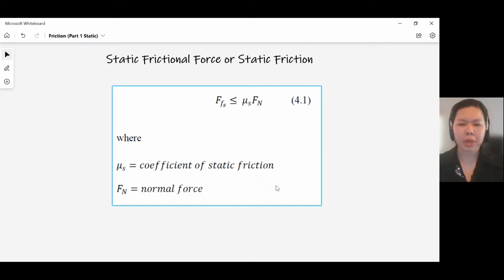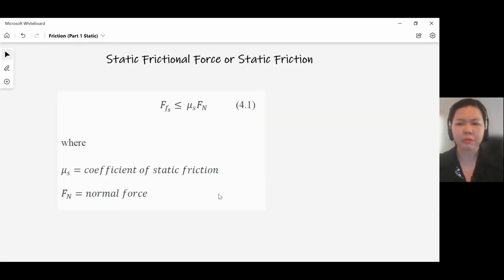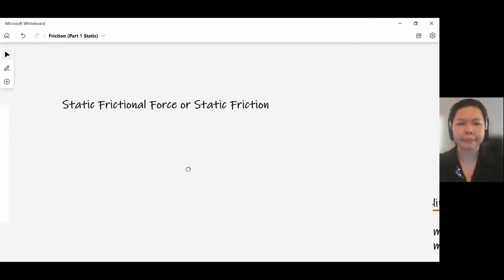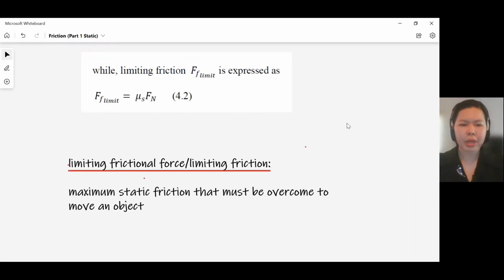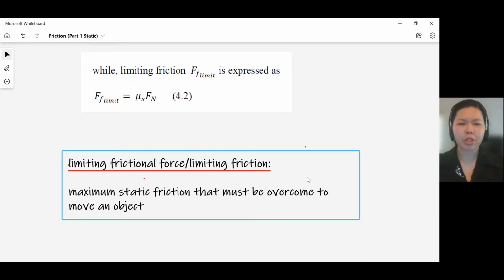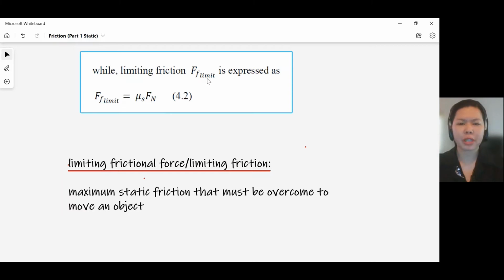Now, there is this maximum amount of static friction or opposing friction the surface exerts on an object just before it moves. This maximum static friction that must be overcome to move an object is called the limiting frictional force or limiting friction, F sub limit.